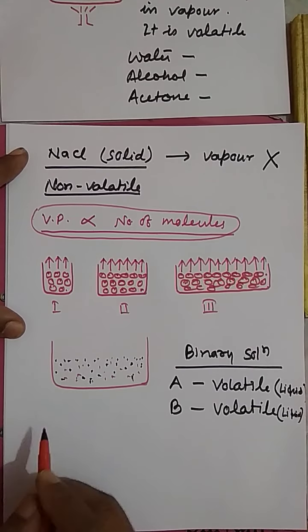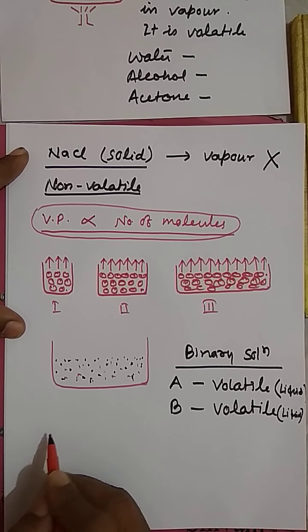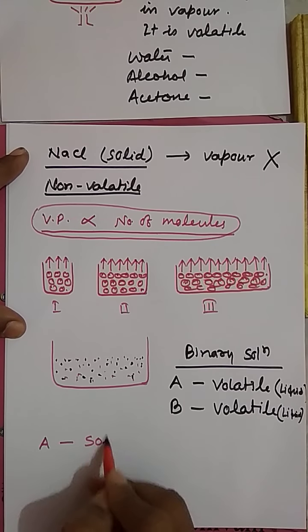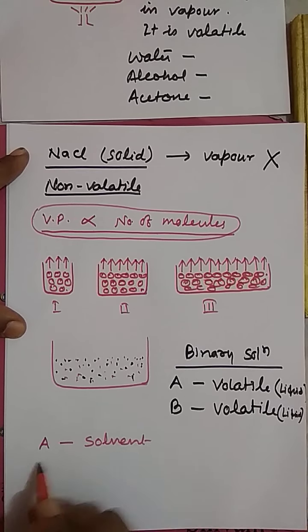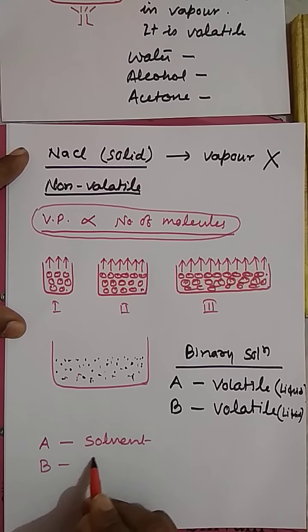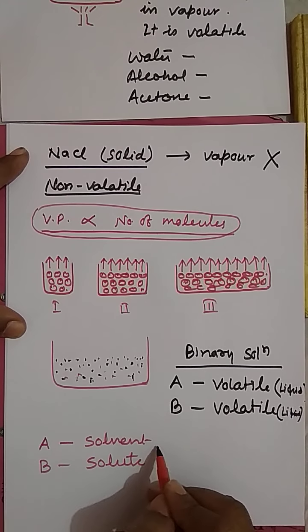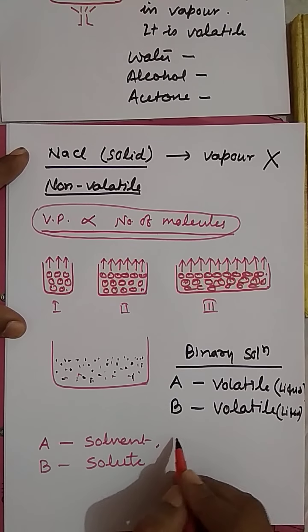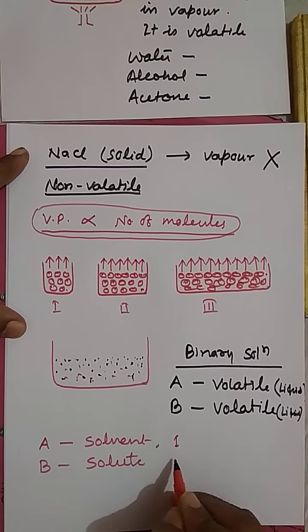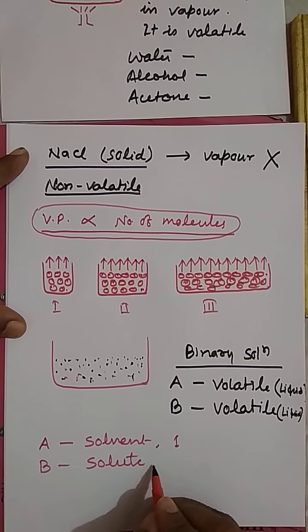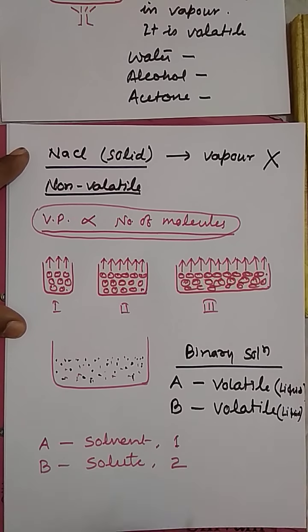Friends, you remember one thing. In the theory of dilute solution, A represents the solvent and B represents the solute, right? Sometimes you may represent them by 1 and 2: 1 represents the solvent and 2 represents the solute, right?